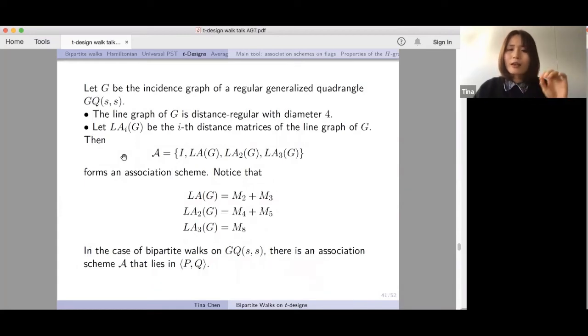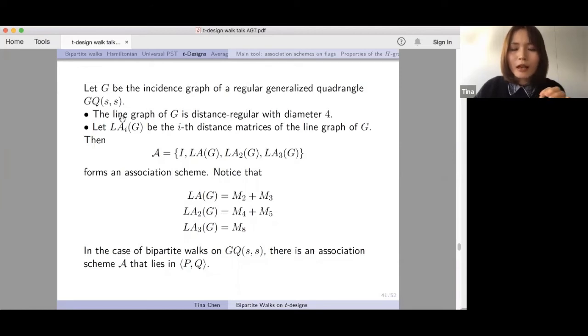And one nice thing about the regular generalized quadrangle GQ(s,s) is that we have an association scheme that comes from the algebra generated by P and Q, because the line graph of the incidence graph of GQ(s,s) is distance regular with diameter 4.